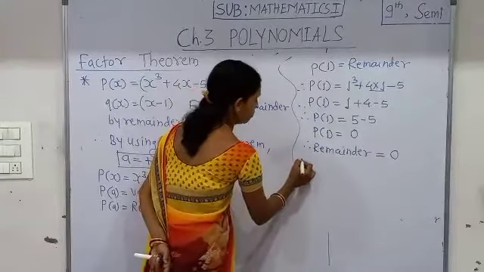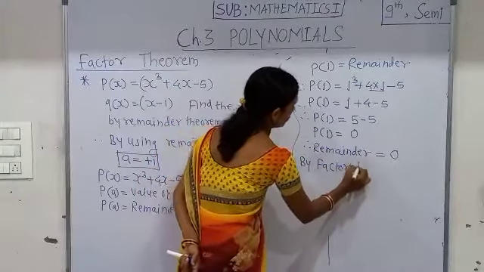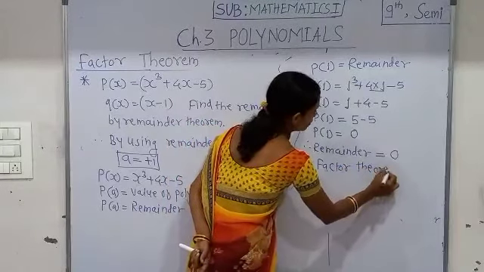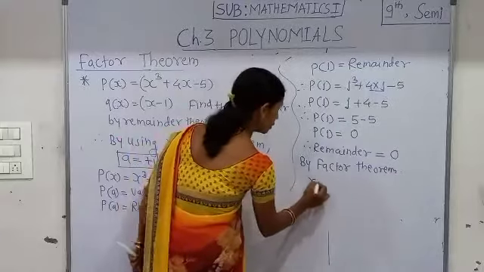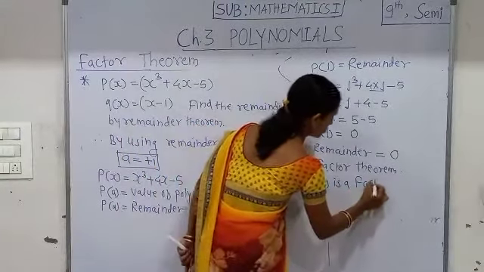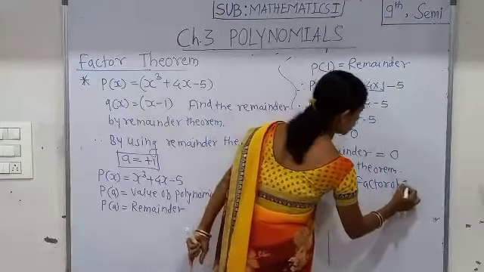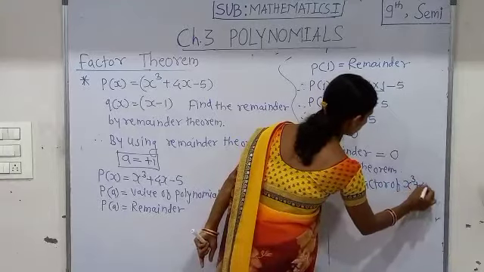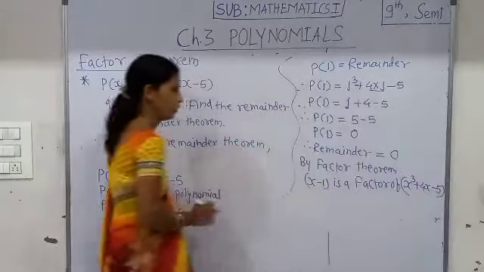And by the factor theorem, x minus 1 is a factor of that polynomial, x cube plus 4x minus 5.